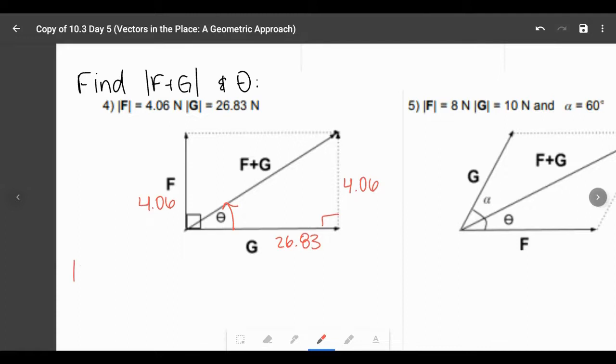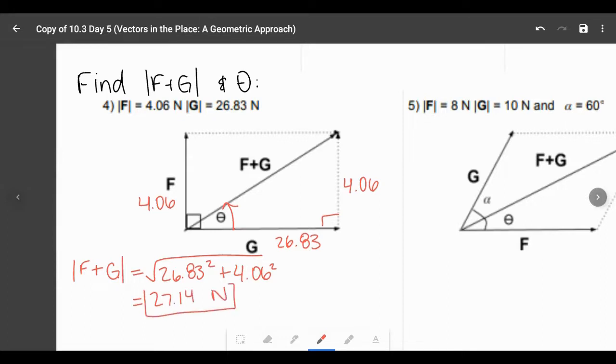So the magnitude of F plus G is going to be the square root of 26.83 squared plus 4.06 squared. And when I plug that into my calculator, that should give me approximately 27.14. And we're going to keep the units the same, newtons.